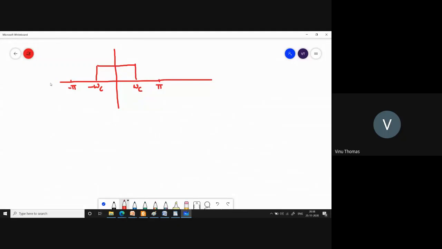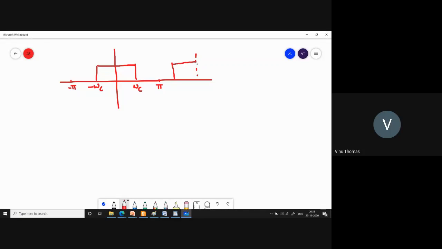And we will assume that this is a zero phase response, that is the phase is along the x-axis. So there is no phase delay. If the phase is along the x-axis, there will not be any phase delay. So since it is periodic, I have to actually draw a cycle here. That will be something like this.